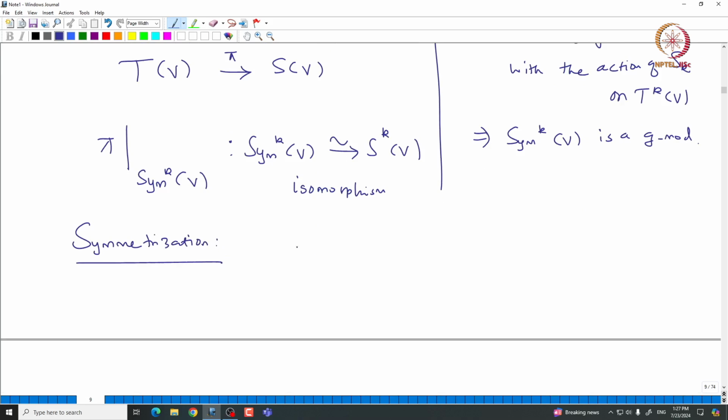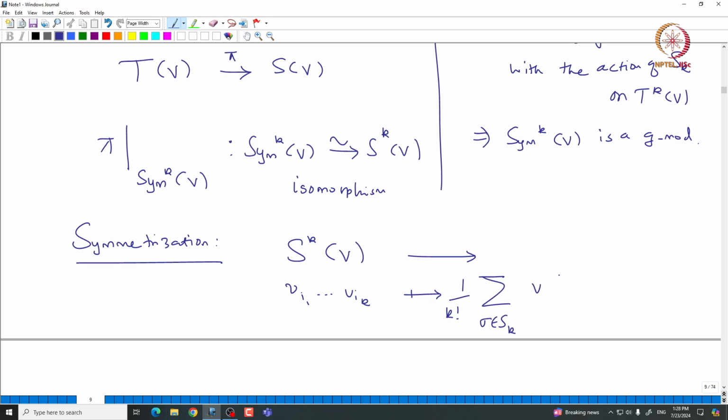If I take an element inside this Sk of V, let us call it v_i1 etc. v_ik, written in some order, because the order does not matter, then we can associate the natural element 1 divided by k factorial times the sum over sigma inside Sk, where you can apply sigma on all these elements.